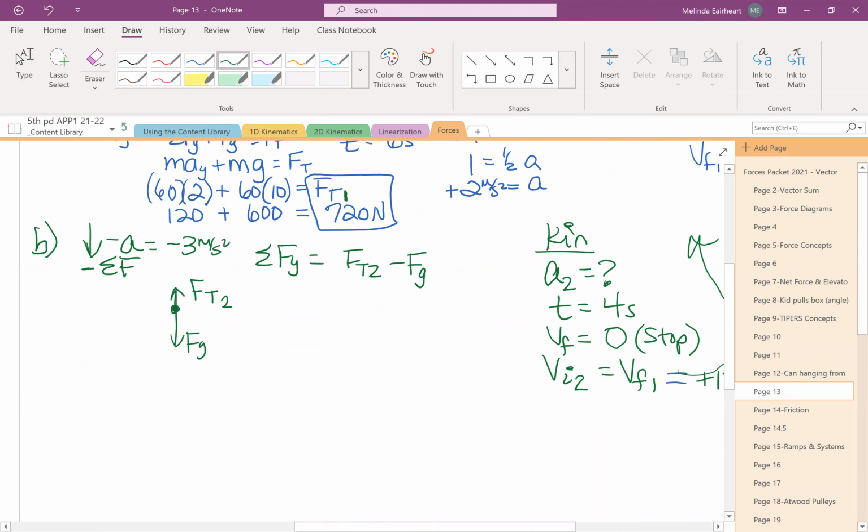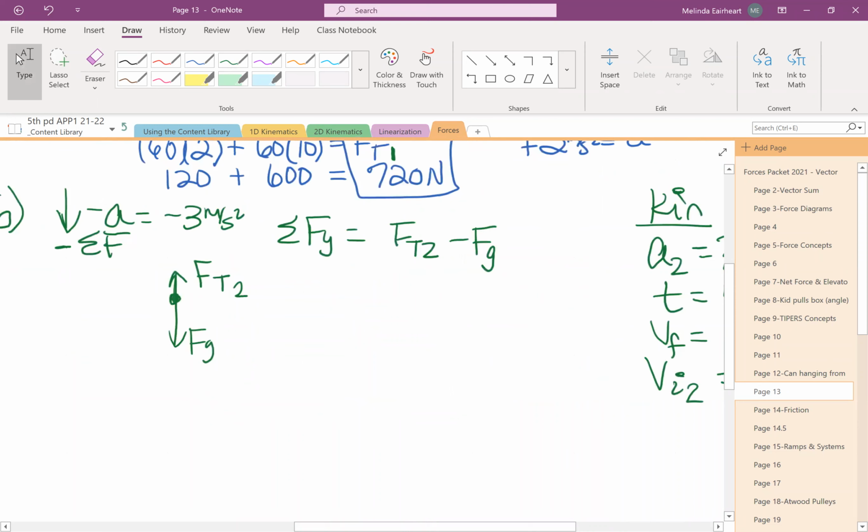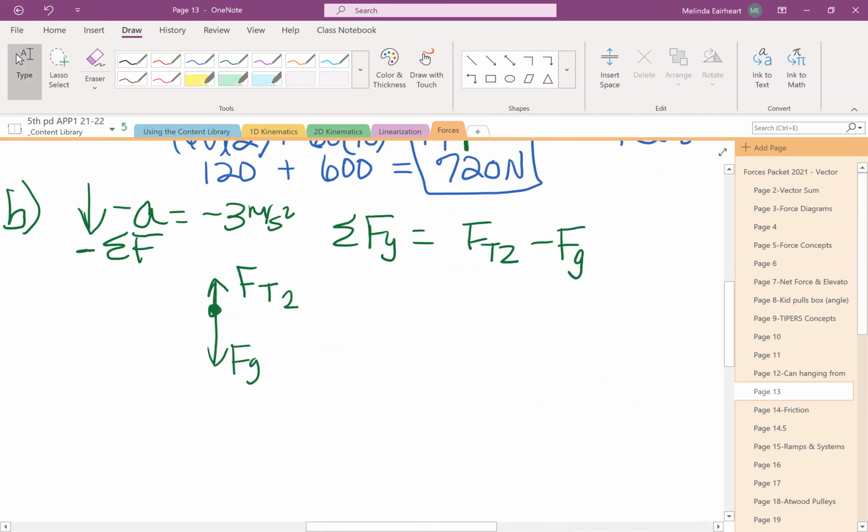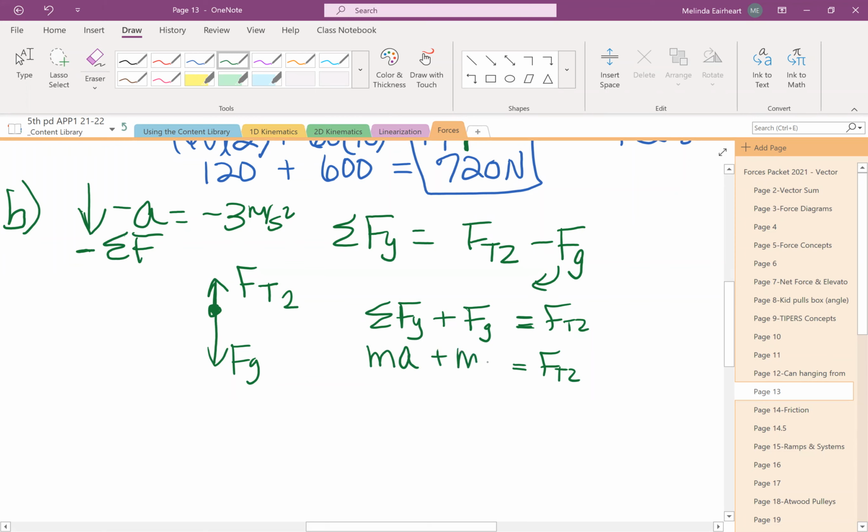So now let's pick up with our forces, our F net statement. We're trying to solve for tension, add gravity to the other side. And so FT2 equals F net Y plus FG. And so F net equals Newton's second law, MA plus MG, same as before.